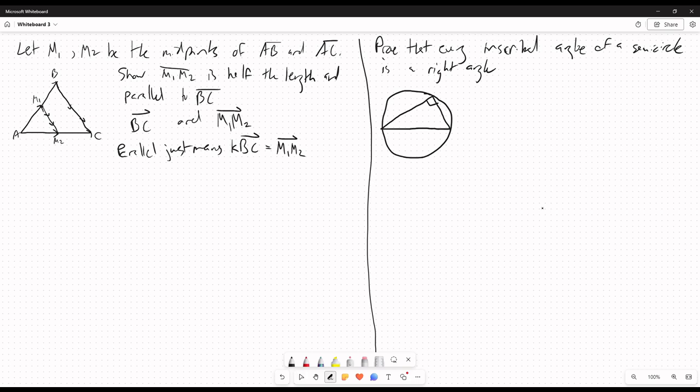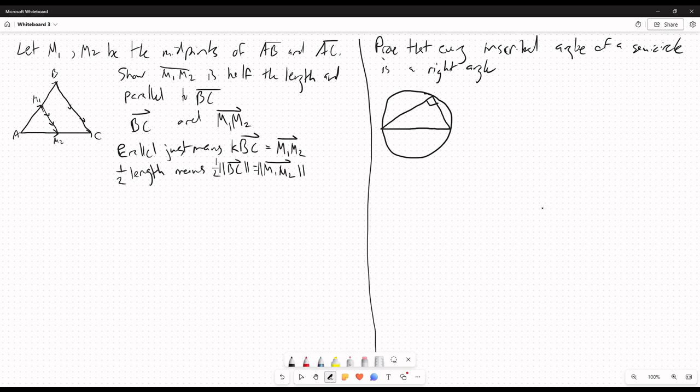And if it's half the length, well, that means that 1/2 the norm of BC equals the norm of M1M2. We also know that if you take a vector and multiply it by a scalar multiple, that just scales the length.